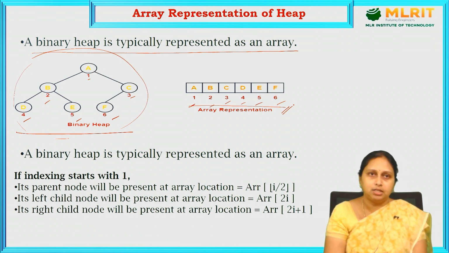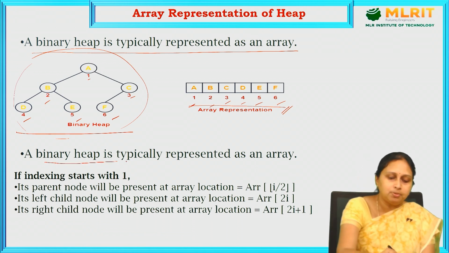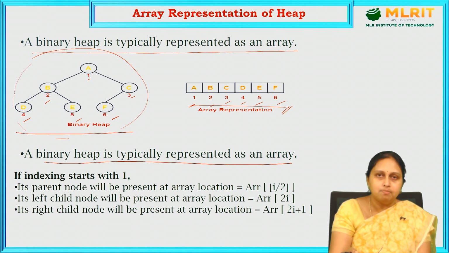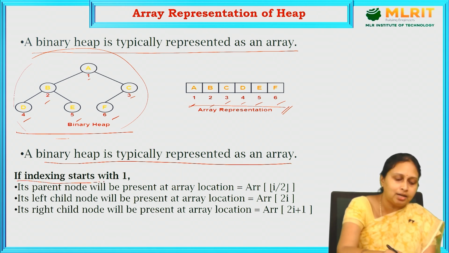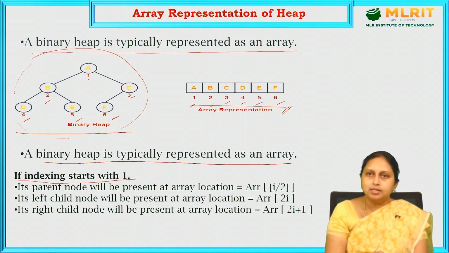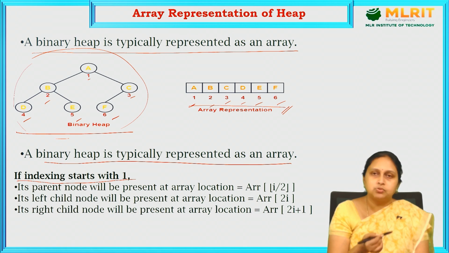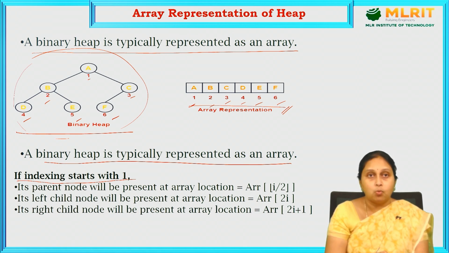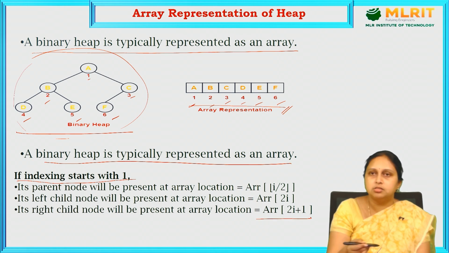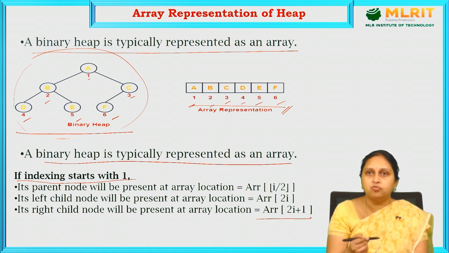What is happening here? Let us look. A binary heap is typically represented as an array based on its indexes. The indexes start with 1. If I start with 1, we can use these formulas to find where a particular element's index is.